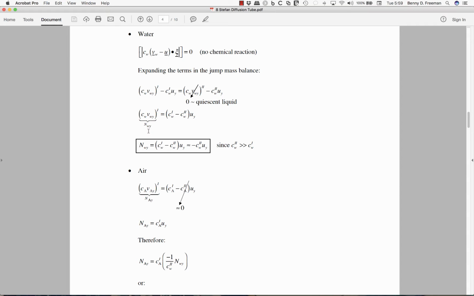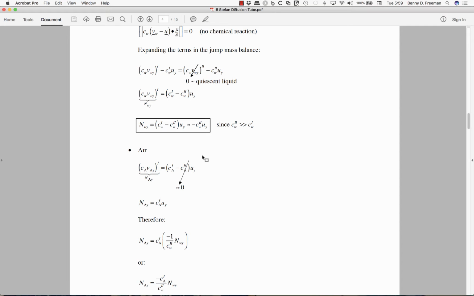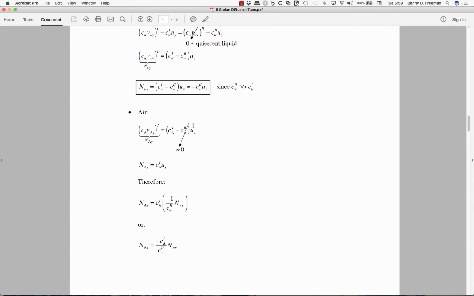We can also apply the jump mass balance to the air phase, and here we assume that essentially there's no air dissolved in the water. There will be parts per million level of air gases dissolved in water, but they will not be enough to affect the outcome of this calculation.